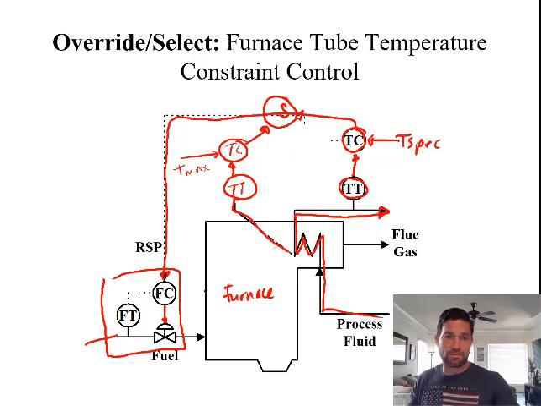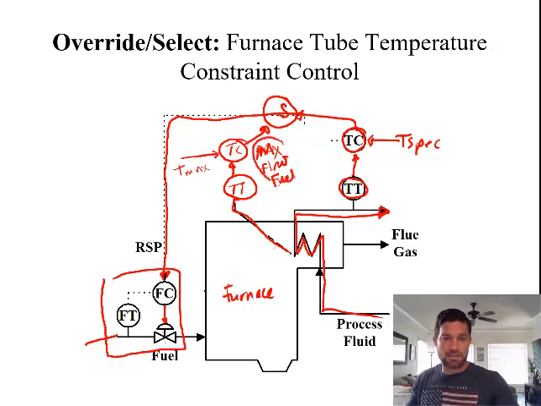So we think about how that happens. If this loop is going to get these to the maximum temperature, this controller is going to ask for a maximum flow. So essentially this controller, to get this to the constraint, is asking for a maximum flow of fuel.